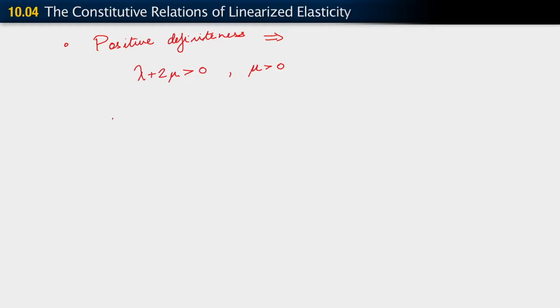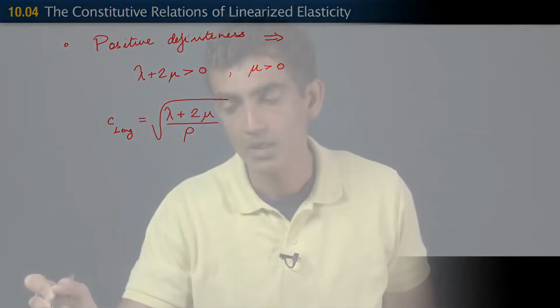In elastic materials, waves propagate in at least 2 ways in the bulk of a material, as longitudinal or shear waves. The longitudinal wave speed is lambda plus 2 mu divided by the mass density under the square root. So when we say that lambda plus 2 mu is greater than 0, we're saying that we have real wave speeds.